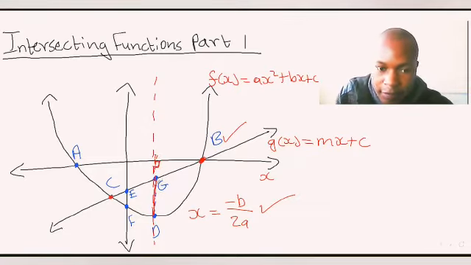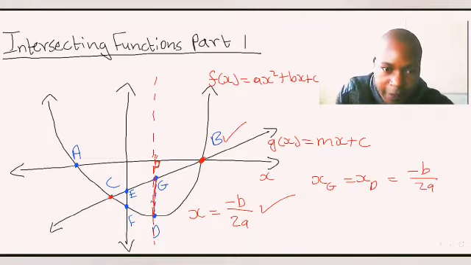So that in itself means that the x value for both G and D would be the same. So that's xg would equal xd. And then obviously that in itself would equal negative b divided by 2a for this case, since it would be a turning point.